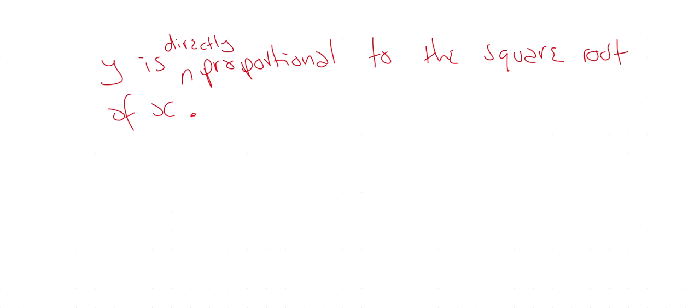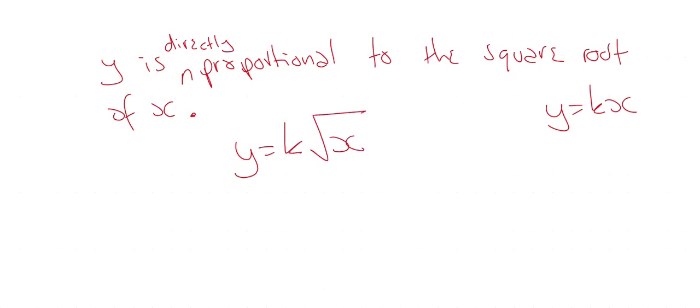Have a think about what that would look like as an equation. Try and picture it. So if we said this is what direct proportion looks like, y is directly proportional to the square root of x. That's what it should have looked like.